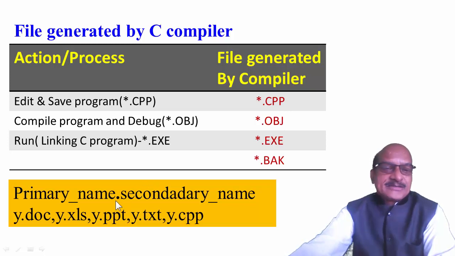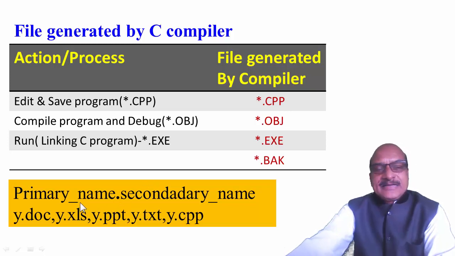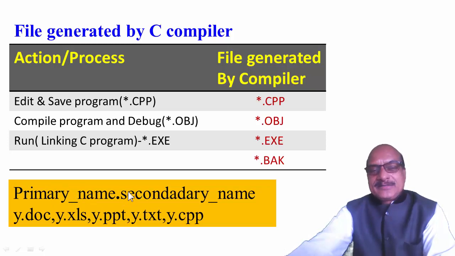Particularly in computer technology, there are two names given to the file. The first part before the dot is called the primary name of the file, and after the dot is called the secondary name of the file.